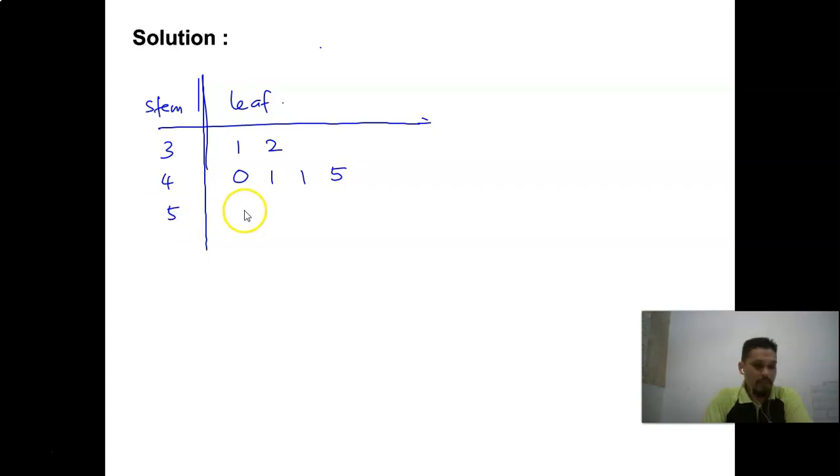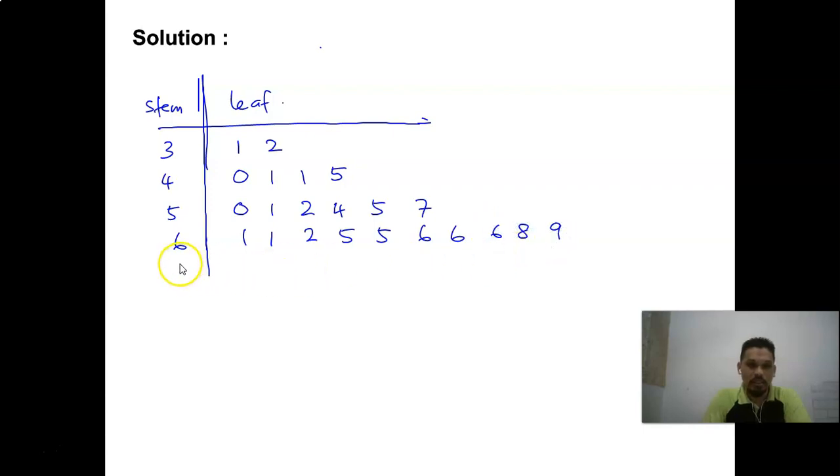Then 50, 51, 52, 54, 55, and 57, then 61, 61, 62, 65, 65, 66, 66, 66, 68, and 69, then 70, 72, and 79.